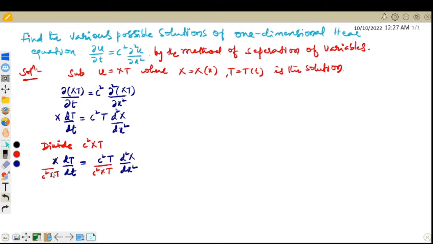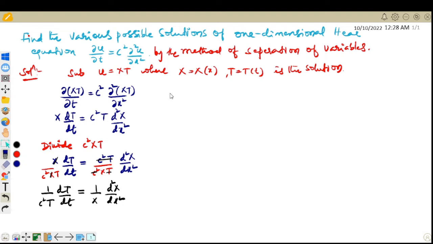Here X and X get cancelled, here T cancels, and c square cancels. The remaining is 1 by c square T into dT by dt is equal to 1 by X into d square X by dx square. By dividing both sides by c square XT, the variables are separated. Just look, the left side is a function of t, the right side is a function of x only.